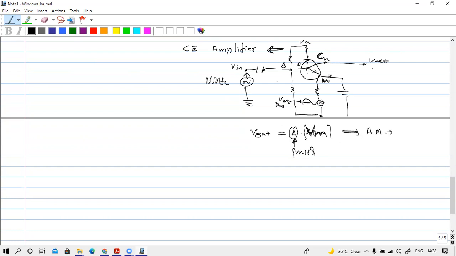Sometimes I just explain it as I can remember it, so some correction may be needed. Anyway, you can refer to the internet. I just want to give you an idea of how we can construct a modulator using a transistor. One of the most popular implementations is using a common emitter amplifier configuration to implement an AM modulator.